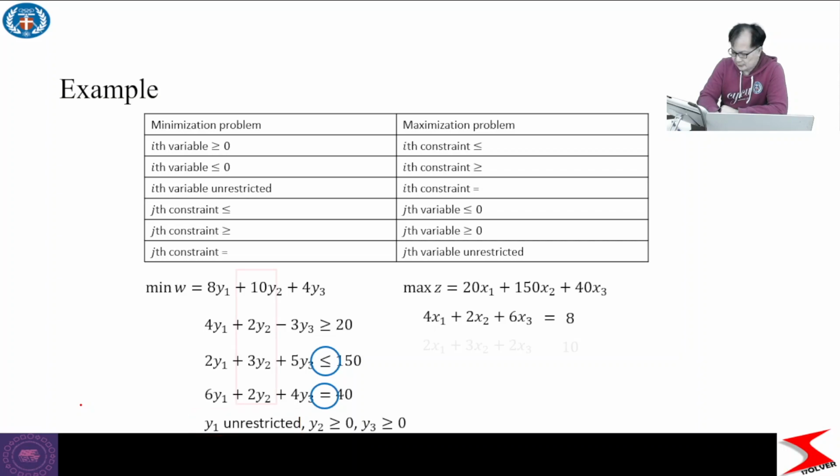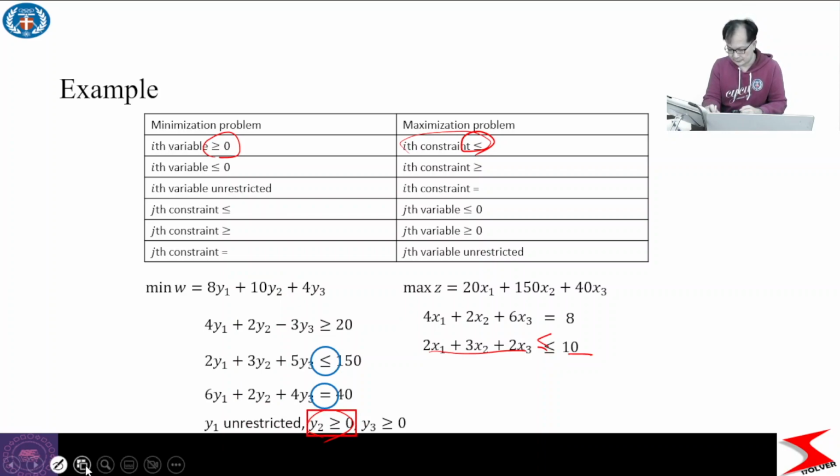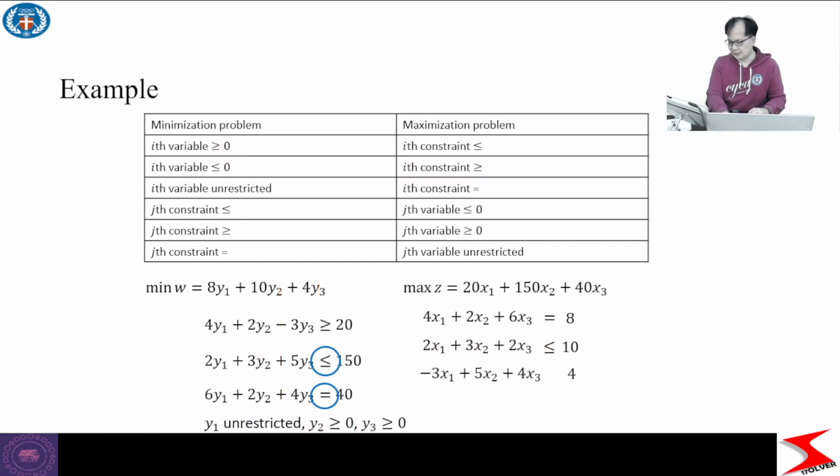For the second one, it is the same idea, but we need to check the variable sign here. It is a larger sign, so the constraint will be a less sign. So here it becomes less than or equal. The third is very similar to the second constraint.